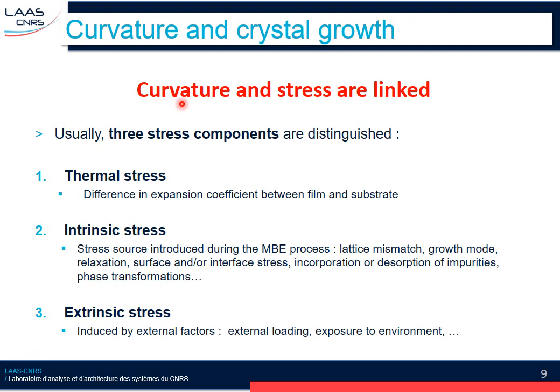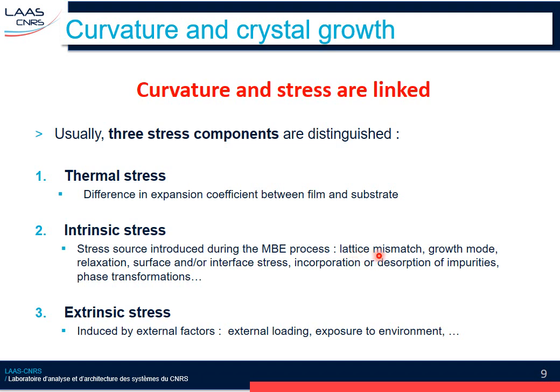The physical parameter we're interested in is not curvature, but stress, but both are linked. Usually, there are 3 stress components which are distinguished. First, the thermal stress, which comes from the difference in expansion coefficient between film and substrate. Then the intrinsic stress, which is a stress source which we introduce during the MBE process.